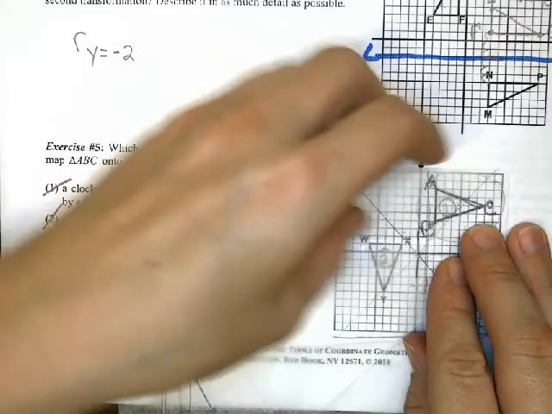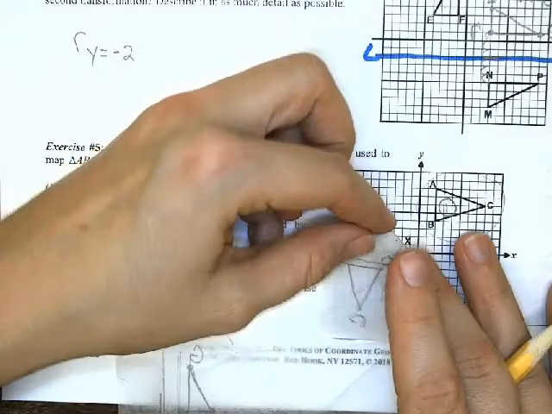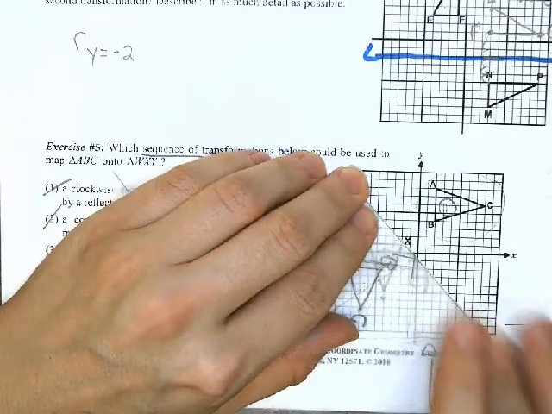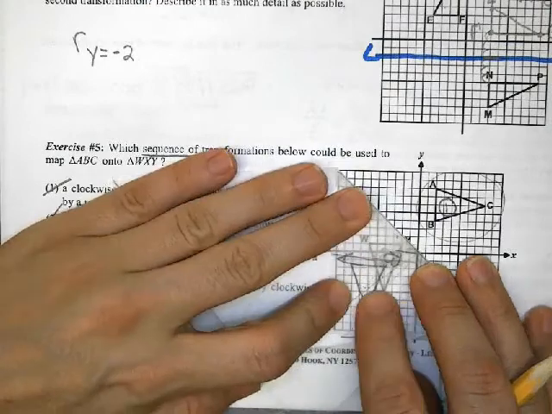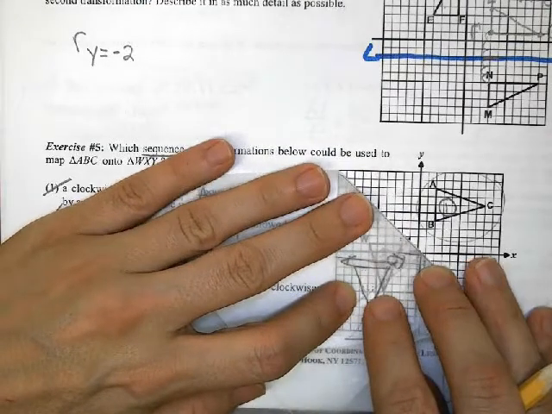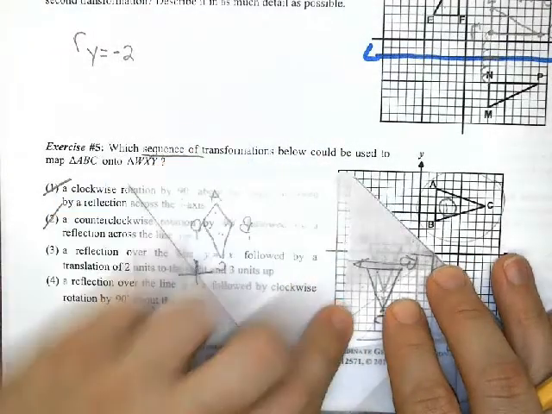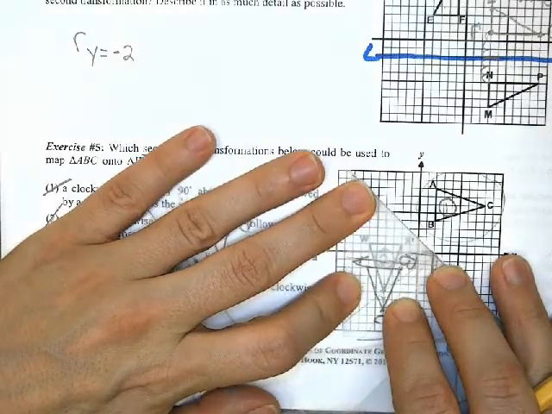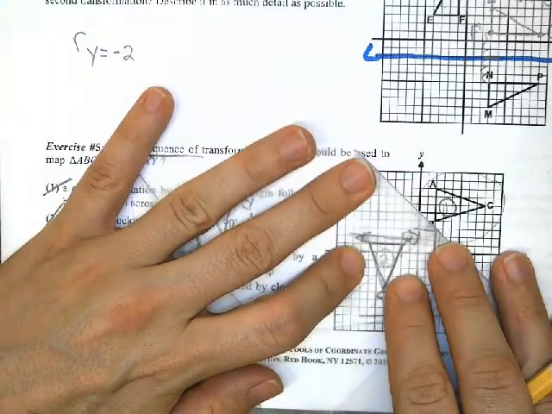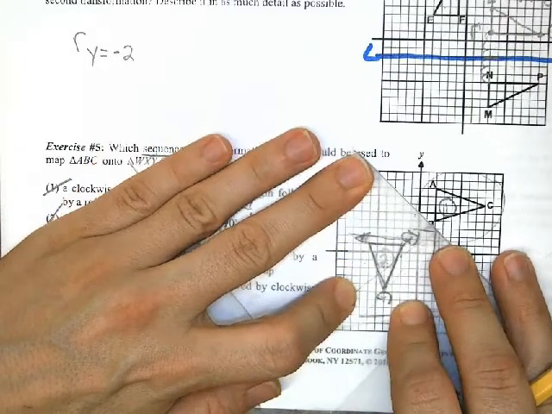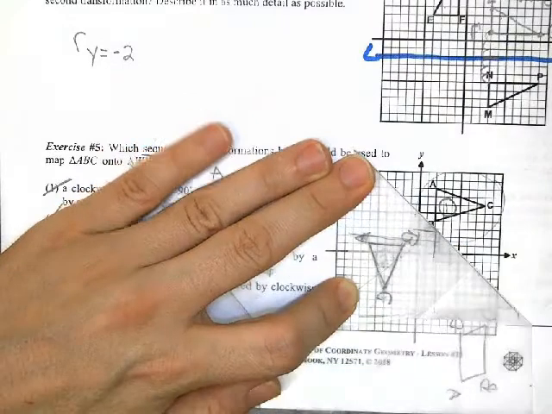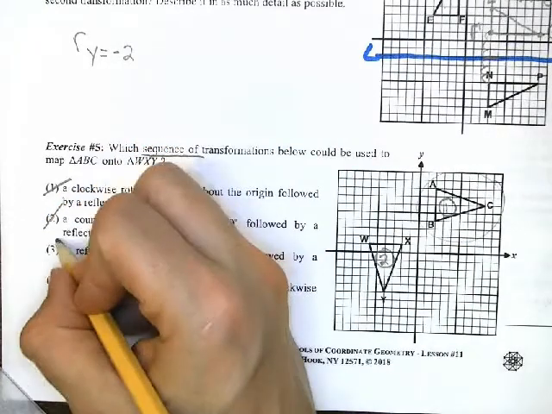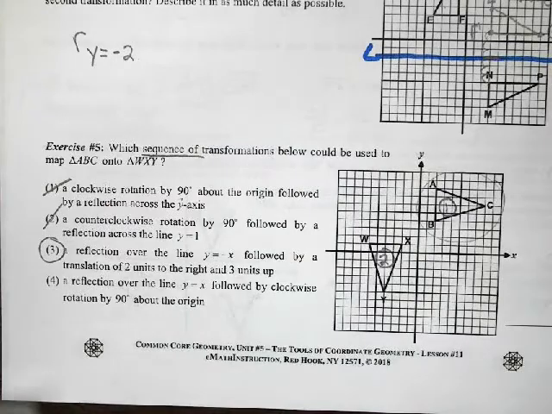So I would fold this along that line, and then I would translate it 2 units to the right, 1, 2, and then 3 units up, 1, 2, 3. And as you can see, the images now line up. So therefore, that is the choice that we would pick by going through each one. If you have any further questions, please see me in class.